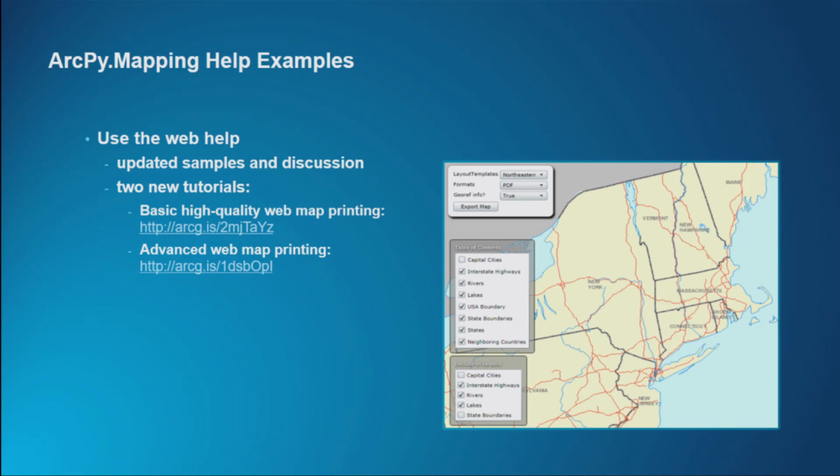Now, there are a couple common cases that you'll want to handle with web map printing, and we have tutorials that help with this. We have one which is called Basic High Quality Web Map Printing, and another one called Advanced Web Map Printing. And these are available at these URLs, and I'll just click on one to open it.